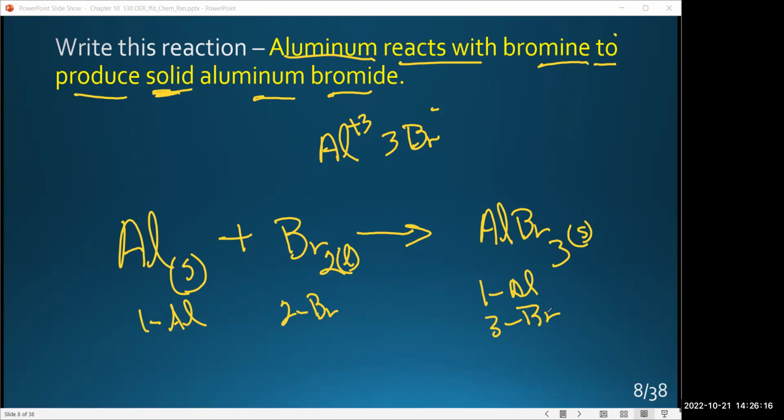And when I say right, I'm talking product, to the right of the arrow. So obviously the Brs are not balanced. The aluminums are good, but the Brs are not. Second of all, we have a dissimilar number here. We got a 2 and 3 scenario, okay?